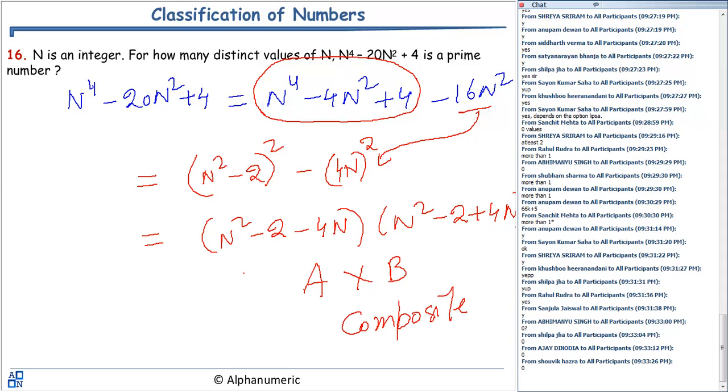Some of you have got it 0. So the answer is definitely 0. This is a composite number. For all the values of n, it will always be composite.